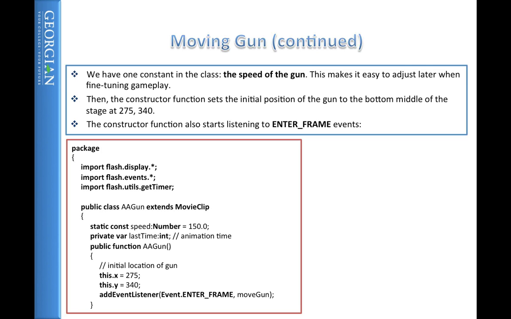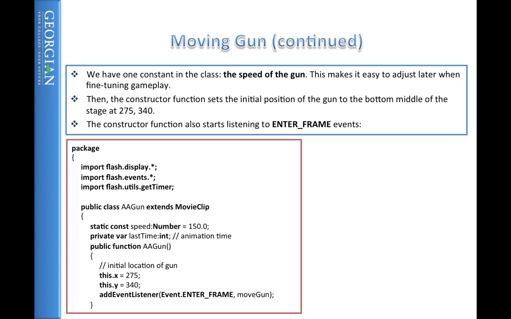Static constant is the one that you want to use. It's called speed, and it's a Number data type. In this particular case, it's 150.0 pixels per frame is what we're going to be traveling at for our gun. The other thing that the anti-aircraft gun has is a fixed X and Y position. Our X and Y position is at 275 and 340. That's where it starts off.